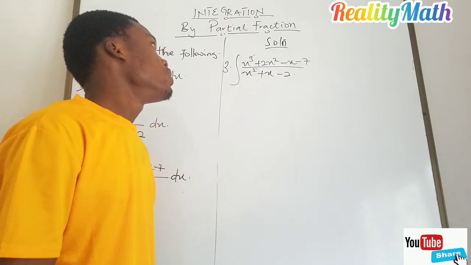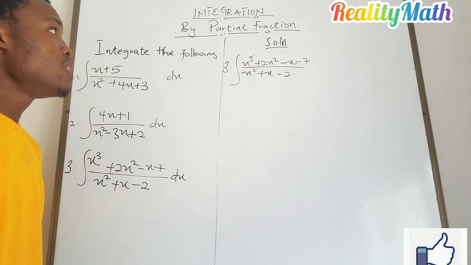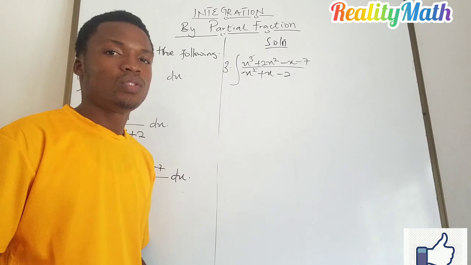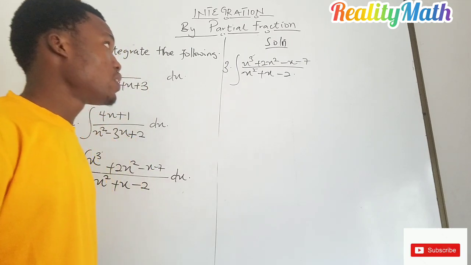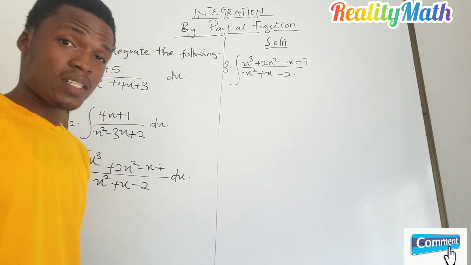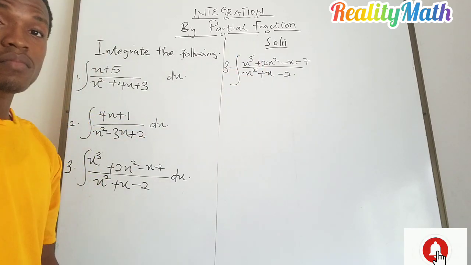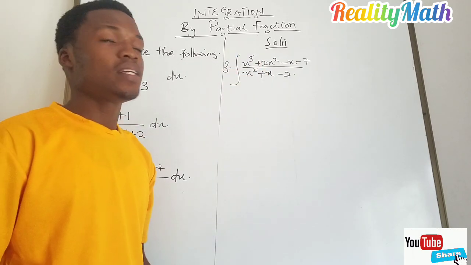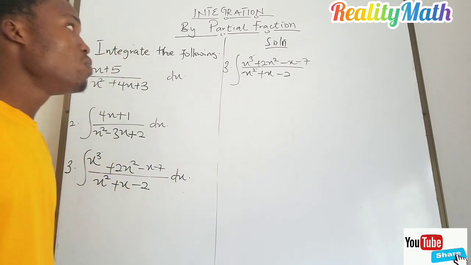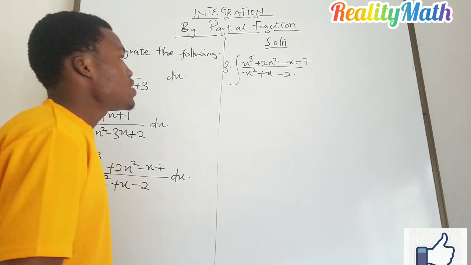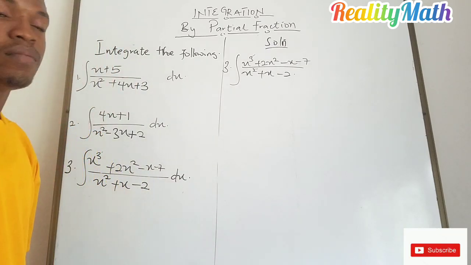For this one, we are to integrate this improper fraction. So if it is an improper fraction, how do we even know that it's an improper fraction? You realize that the power of x in the numerator is greater than that of the denominator. Since it's greater, you have to divide.